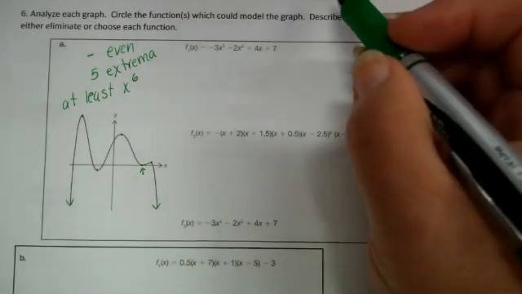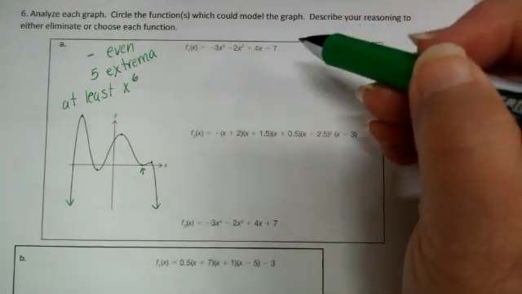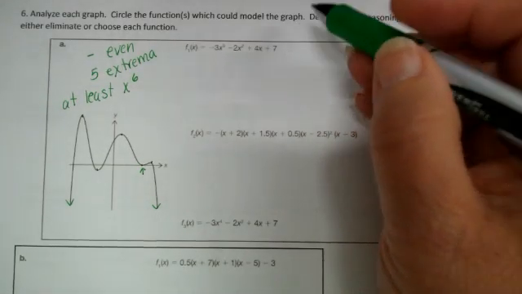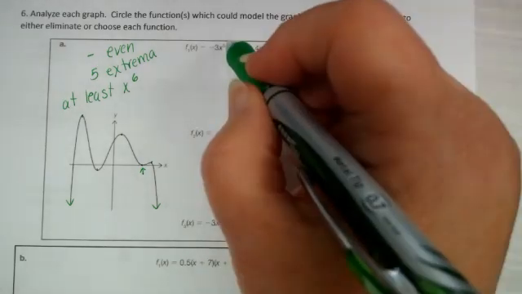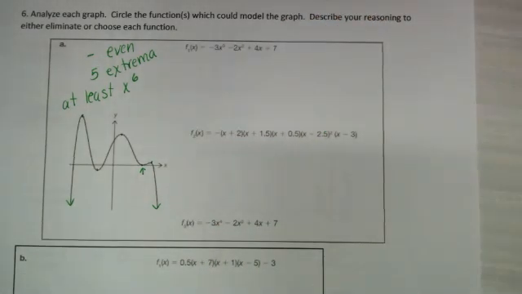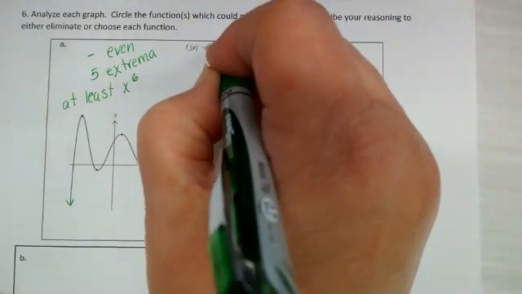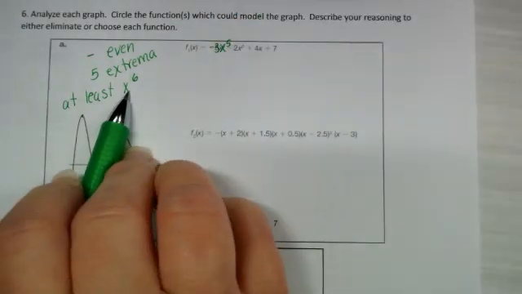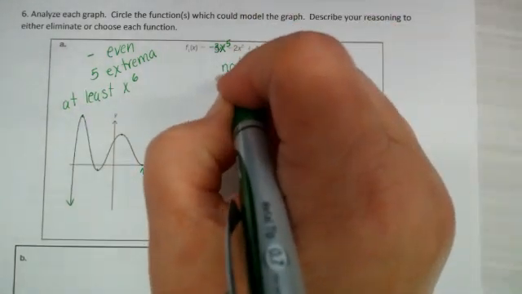So let's look at this first equation. I'm having a difficult time reading the values here. I believe this says negative 3x to the... Okay, this does say negative 3x to the 5th. And since I've already determined it has to be at least an x to the 6th, it can't be odd.